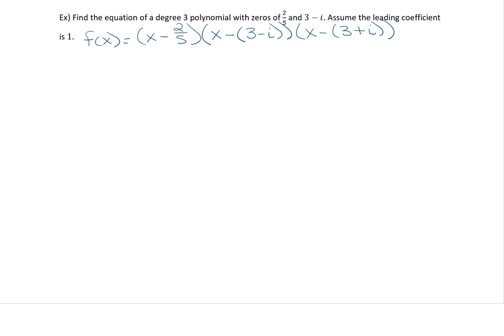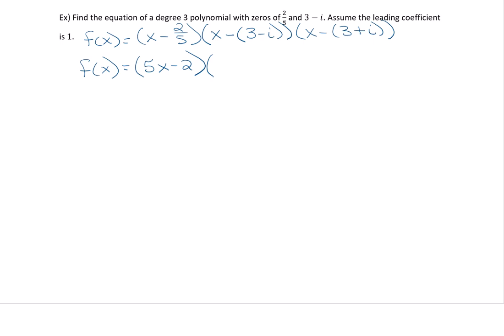So we can clean this up. Notice in that first factor where we have x minus 2/5. If 2/5 is the zero, that means that we can also write this as 5x minus 2. We bring that bottom up to that x. If we were to solve either of those factors, we would still get a zero of 2/5.